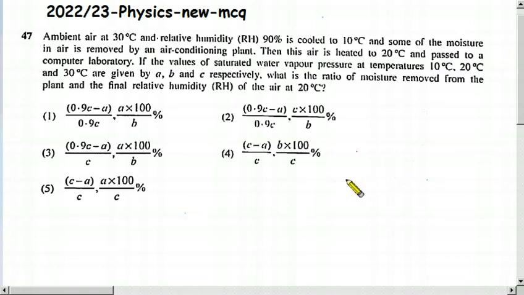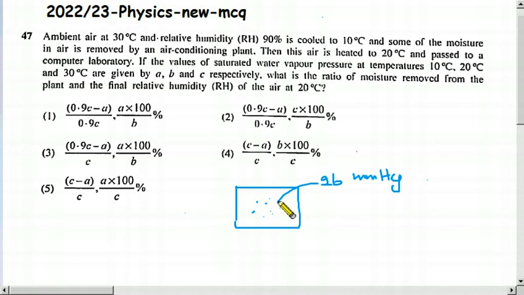Suppose there is a vapor pressure, the value is 26 mercury millimeter. Suppose that is the vapor pressure at say 27 centigrade degrees.